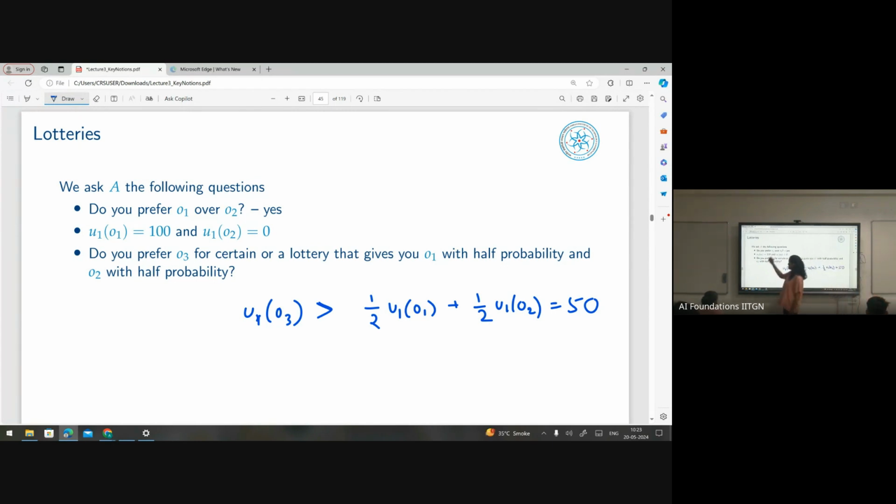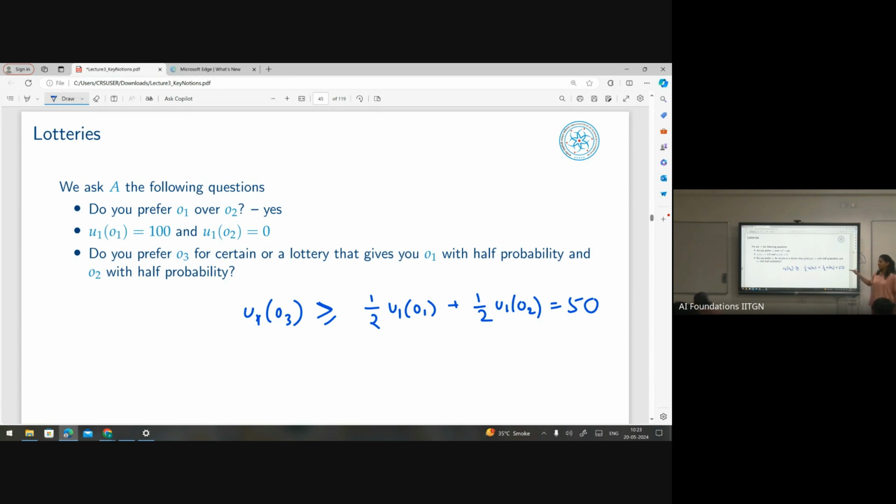If it strictly prefers O3, then it is strictly greater; if I just say prefer, you can put greater than or equal to, with expected utility.